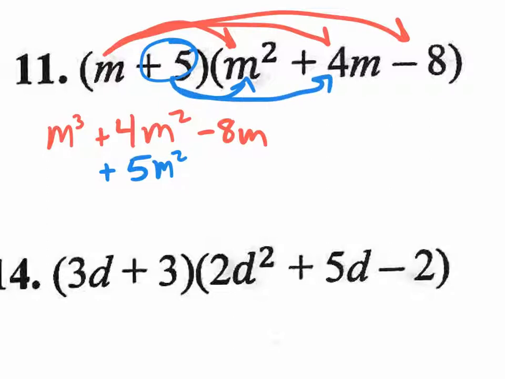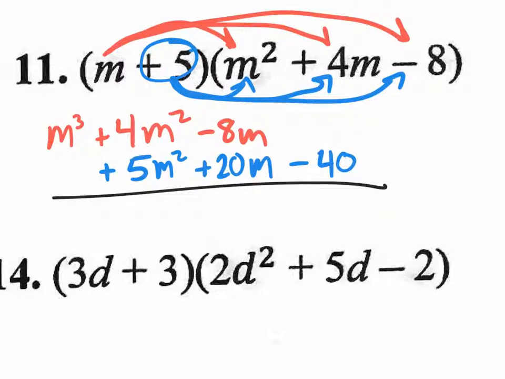5 times 4m, what do I get? Positive 20m, and I might as well write it below the other m term because those are the terms I'm going to have to combine anyway. And then 5 times -8? -40. And now that they're lined up, it's as easy as combining the red line with the blue line. So m to the third, there's nothing to combine it with. It comes straight down.